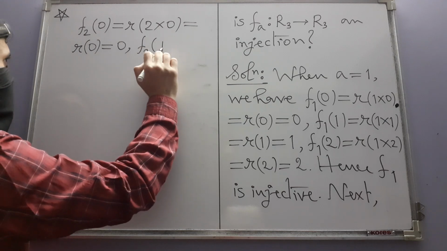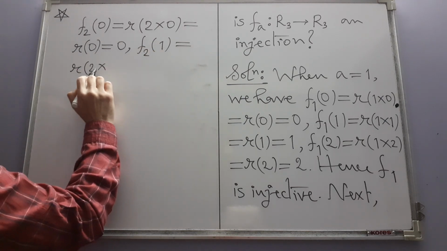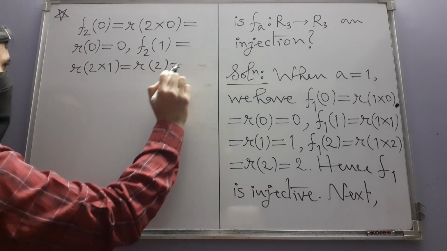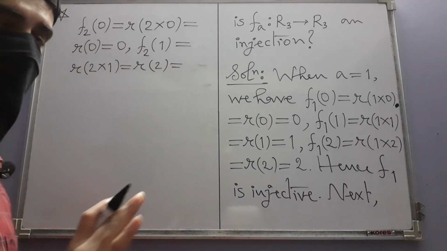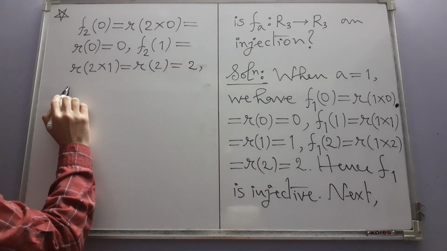Next, f2 of 1 is r of 2 times 1, which is r of 2. Keep in mind that still we are dividing by 3. So the remainder is 2.